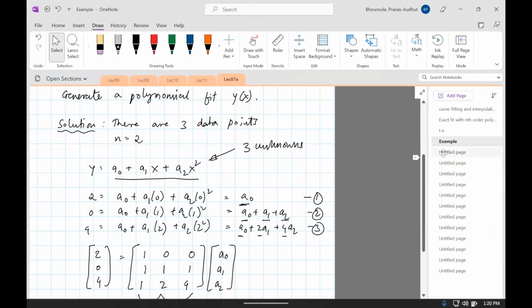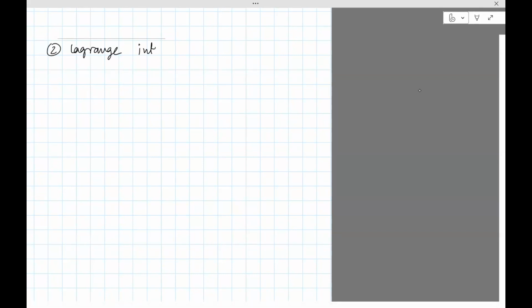Okay, so let's look at the next method. It's called Lagrange, whatever you like to call it, interpolation.